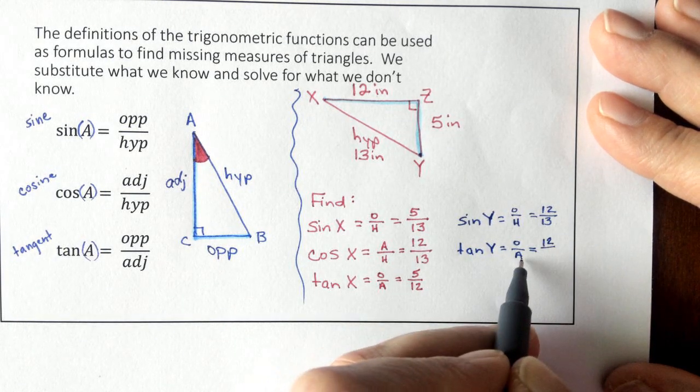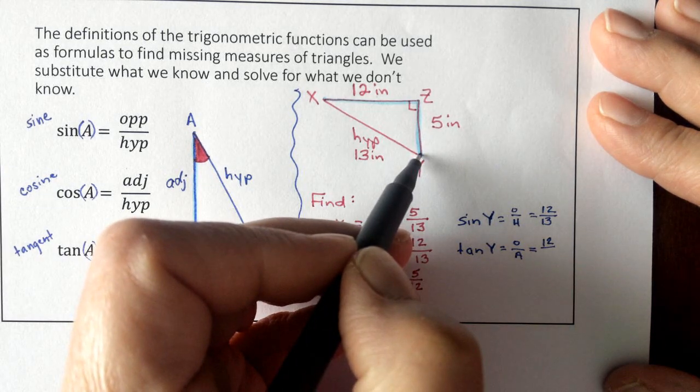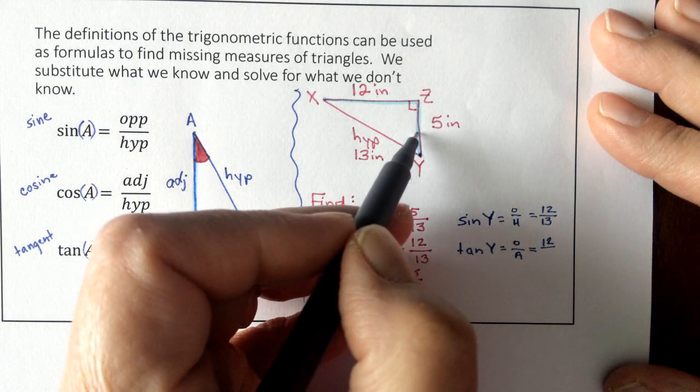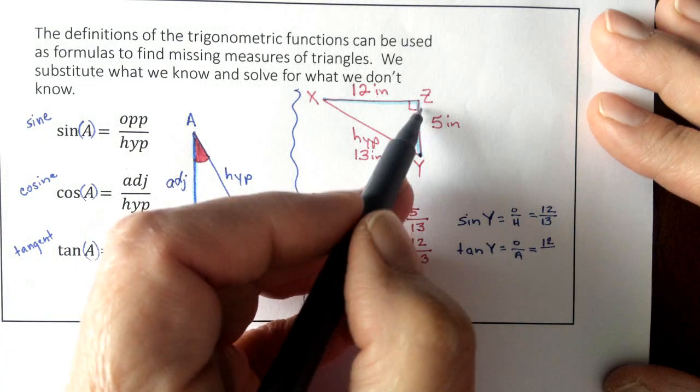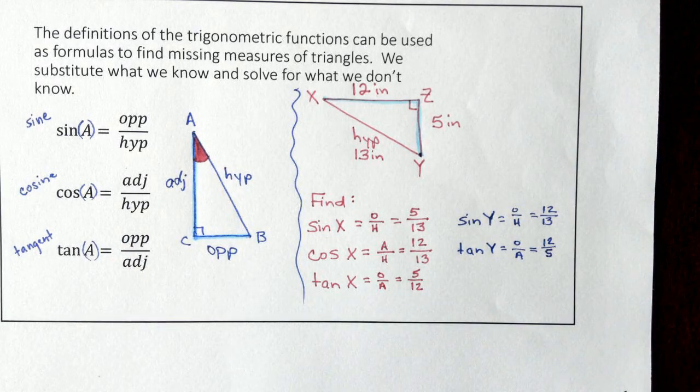The adjacent leg is attached to Y. So start at Y. You don't want the hypotenuse, you want a leg. So look for the attached leg. This is the attached leg of 5. Finished. So all we are doing is writing ratios. And that's all we need to learn for today.